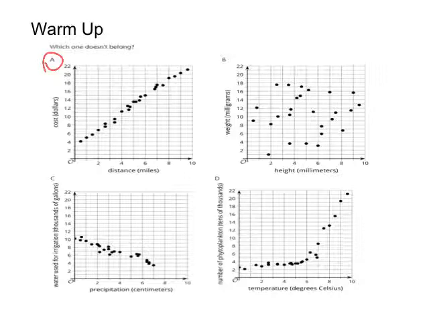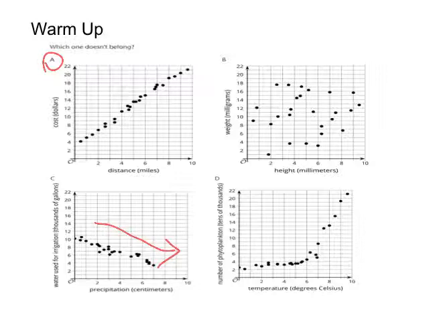In C, we have the water used for irrigation in thousands of gallons in terms of precipitation. And we can see that this is a decreasing model because it's coming down. And it's also a pretty strong linear model. So maybe you chose that one because it's the only one decreasing.